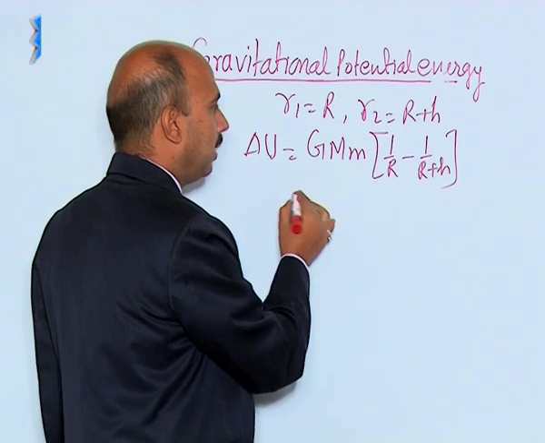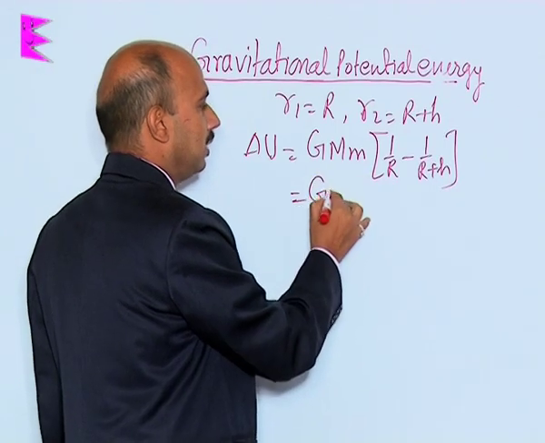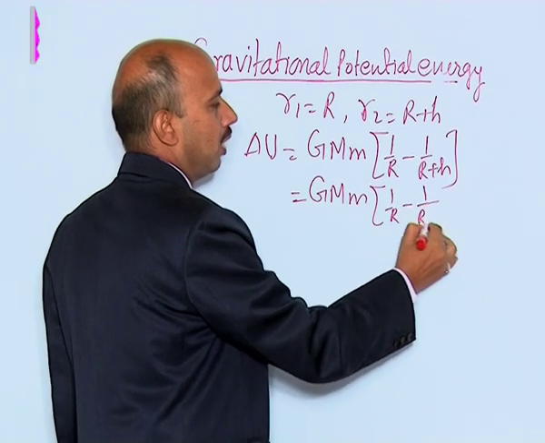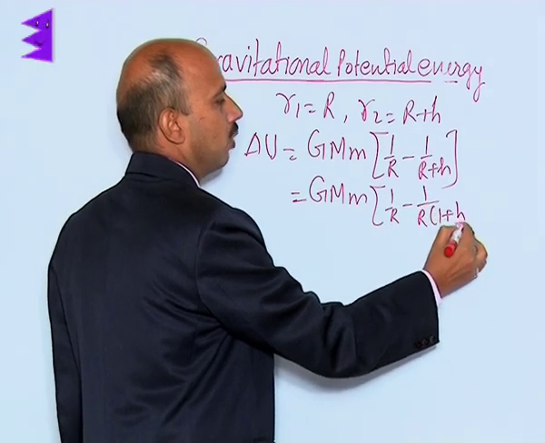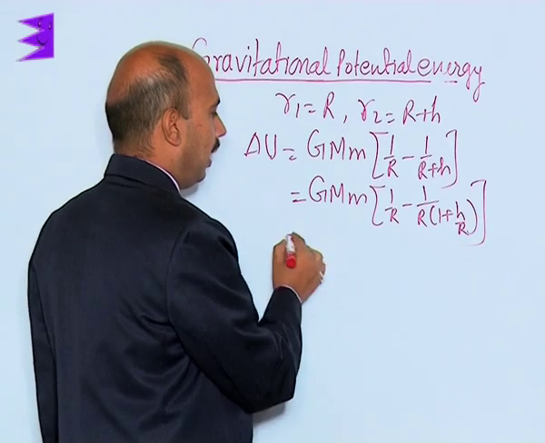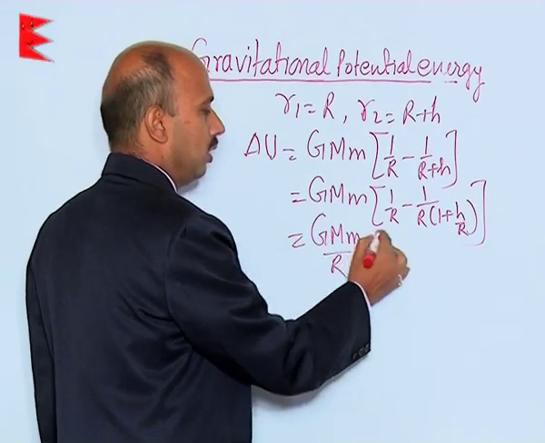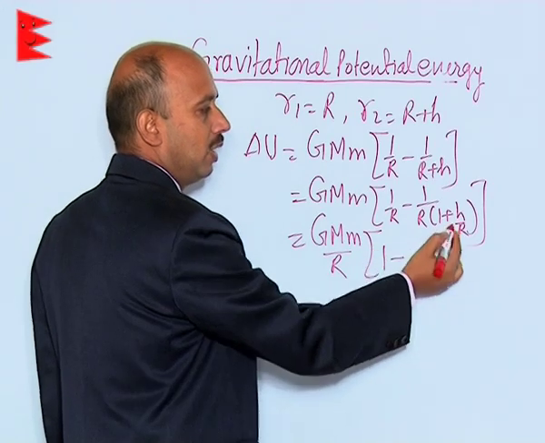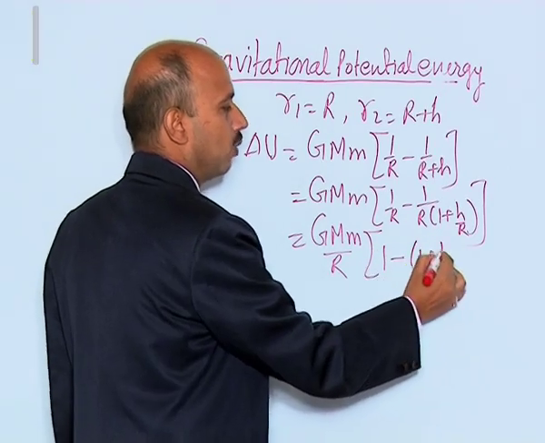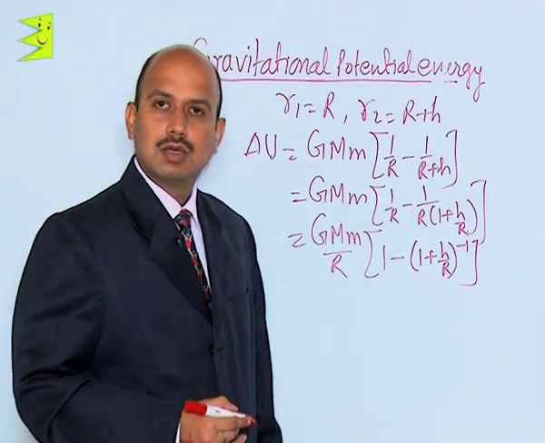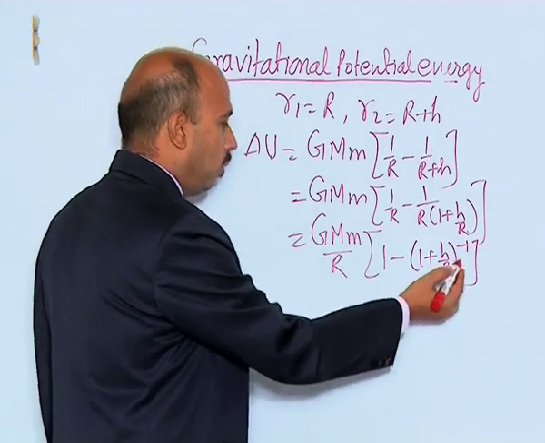We can take R common here. So, we will get GMm into 1 upon R minus 1 upon R into 1 plus h upon R, and here we can write GMm upon R into 1 minus 1 plus h upon R raised to power minus 1. Now, we can use the binomial expansion.